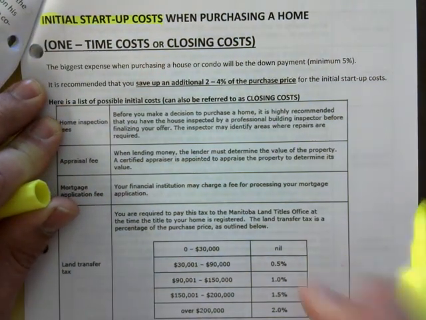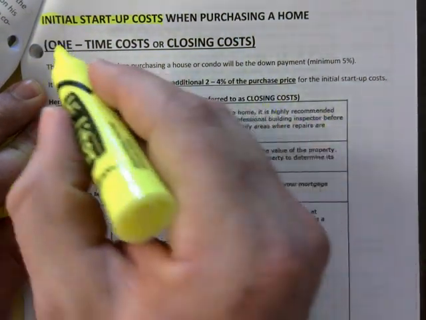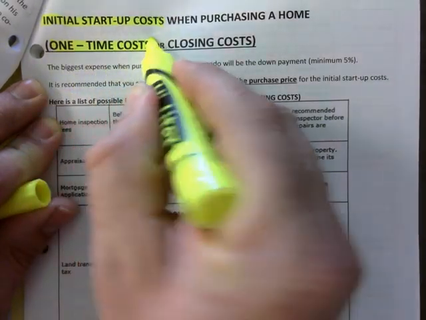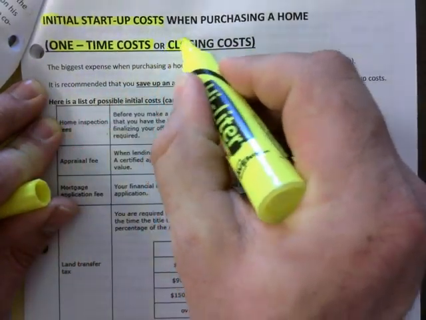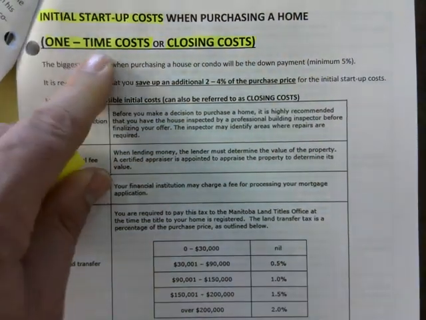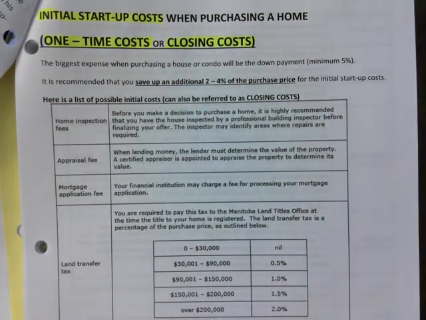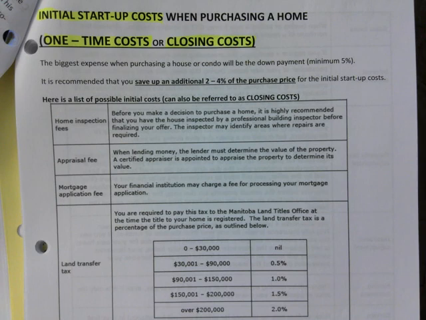This page, as well as the next one, talks about one-time costs, sometimes called closing costs. They mean the same thing. When you close a deal, like when you're about to buy the home, there are things you need to pay for when that happens, guys. A lot of money. It's kind of scary.